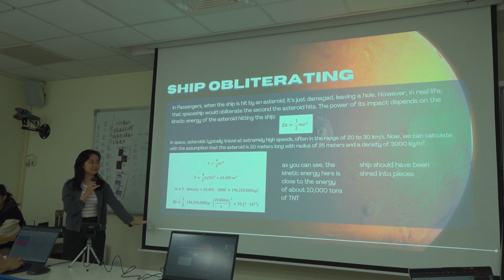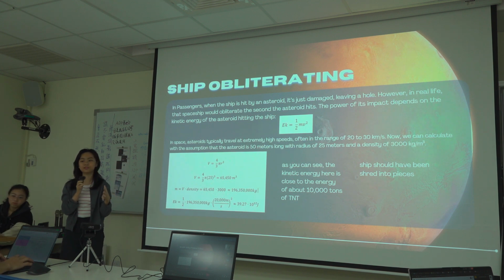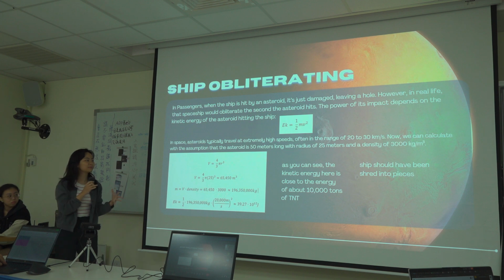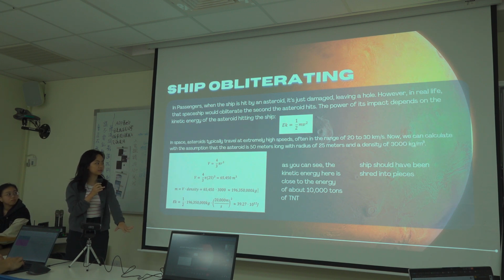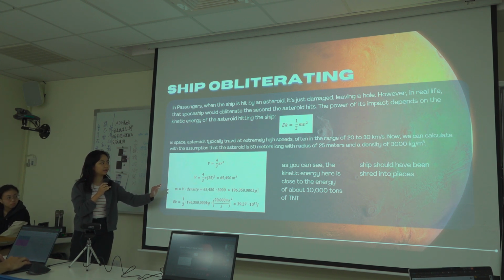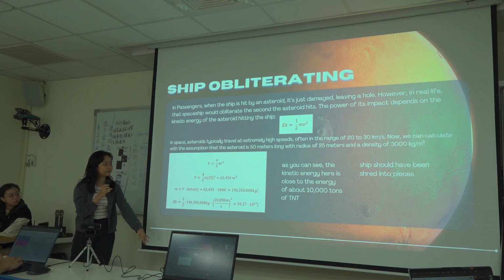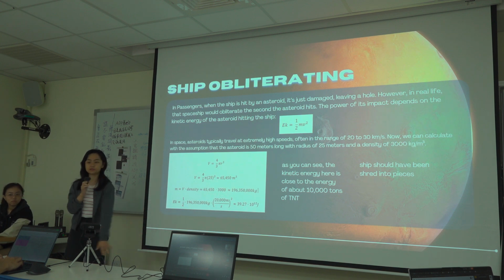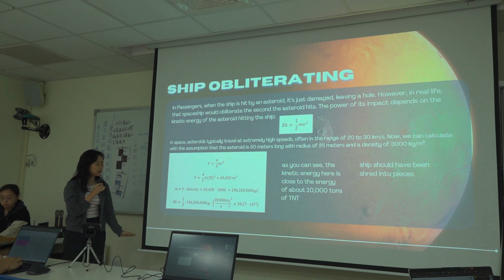So the asteroid is like 50 meters long, and the radius is 25 meters. Let's assume it's that big. So we plug it into the volume formula, and after calculating, the volume is 65,450 cubic meters.